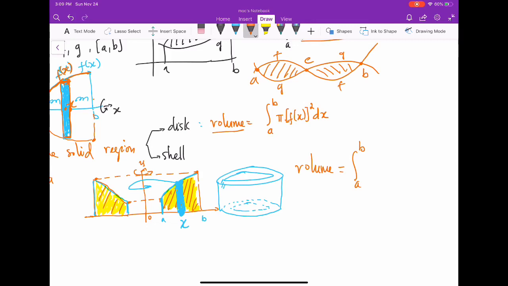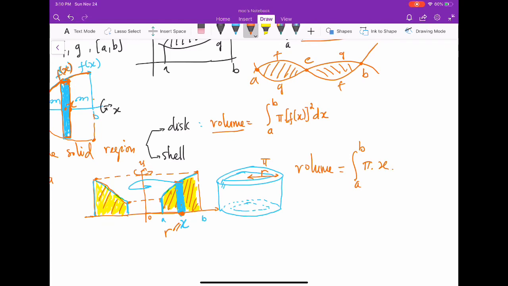And then you need to find the circumference of this circle. So what is the circumference of this guy? That is equal to 2 pi r, right? But what is r in this case? This is a very special case. r is equal to just x, right? r is equal to x. So I write that is 2 pi right here, and then x.